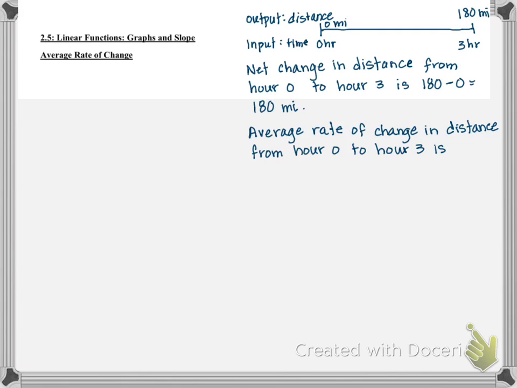It's that change in my y value, so my net change, divided by the change in my input. So 3 minus 0. And that gives me 60, sorry, I should add units. This is in miles. This is in hours. So that gives me 60 miles per hour.